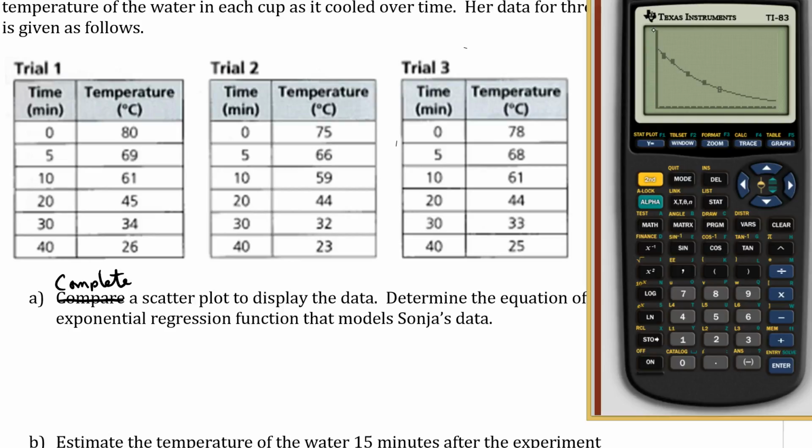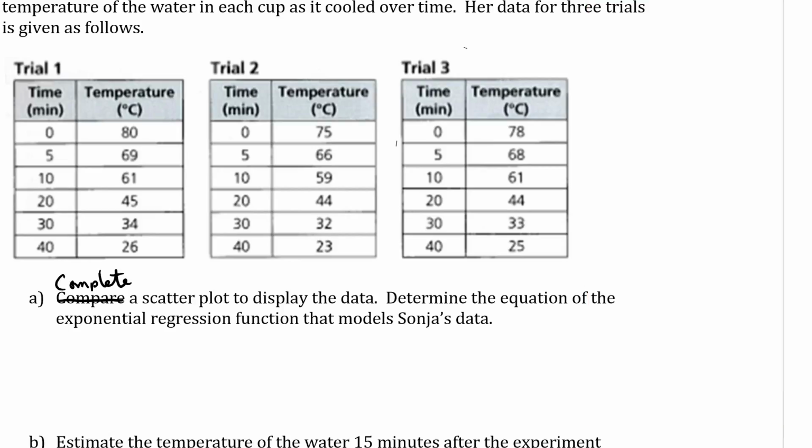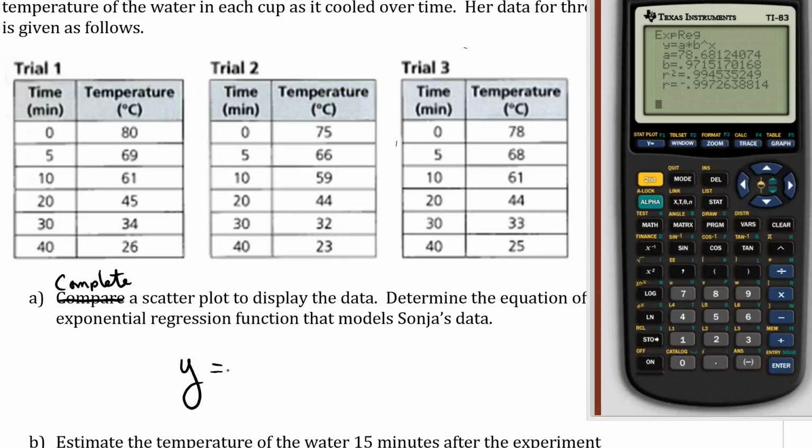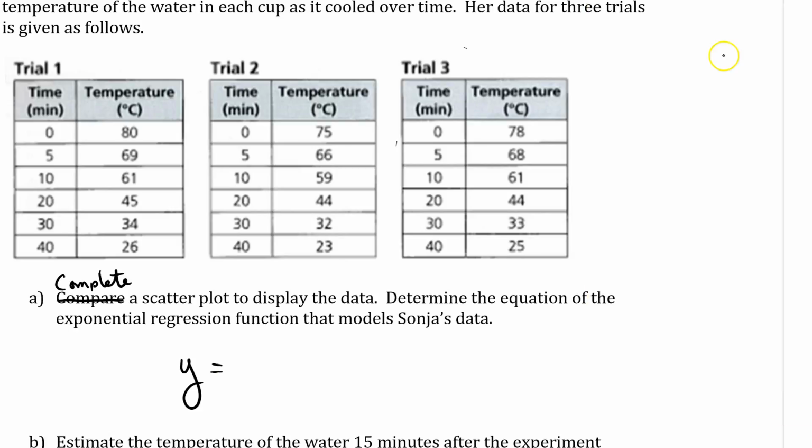So I'm going to look at this here again. I'm not going to say y equals abx, that's not what we want to do. We're going to say y equals 78.681, I'm just going to put everything in brackets.